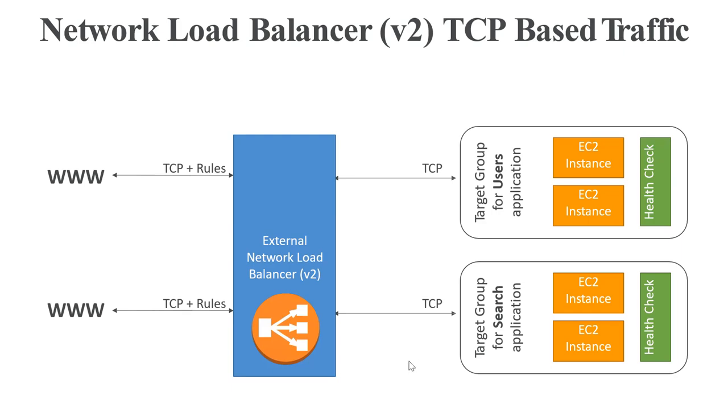The network load balancer is especially used for gaming applications or video streaming applications. With an HTTP based protocol, it is mostly used for business transactions, where we should not lose even one packet of data. But with a video streaming application, suppose you are accessing Netflix and some packets are lost on the network, we don't see any issue.